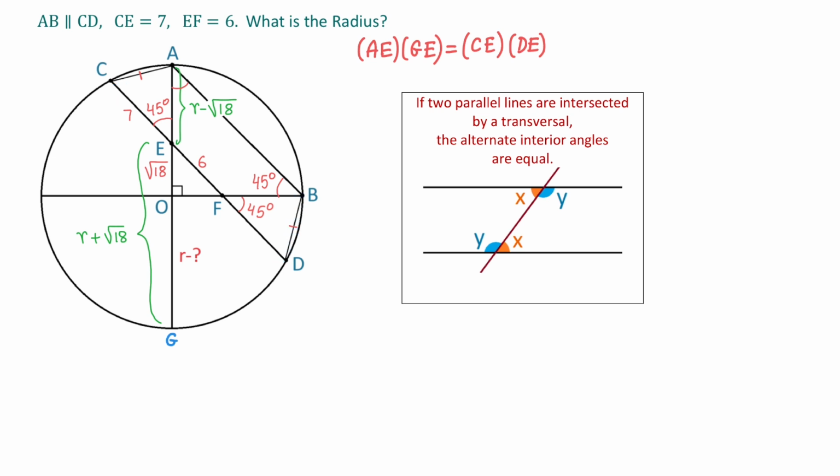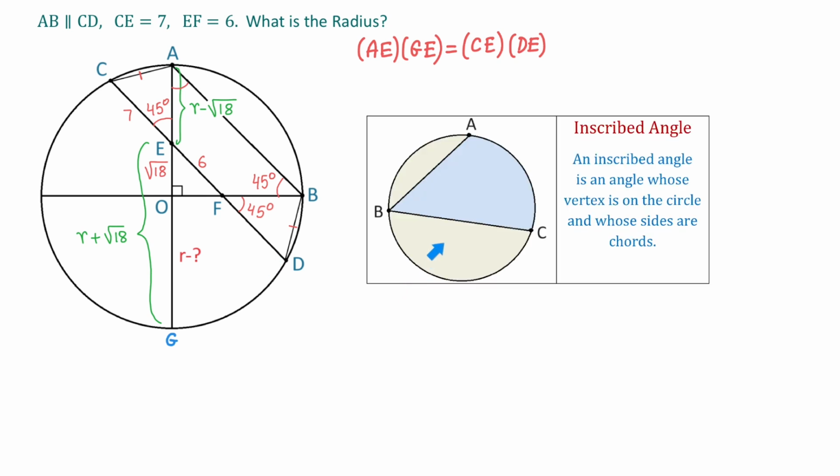And because the arcs AC and BD are equal, then the arc CAB equals the arc DBA. And you see that this arc DBA is formed by the inscribed angle ACD. And an inscribed angle is an angle whose vertex is on the circle and the sides are two chords.